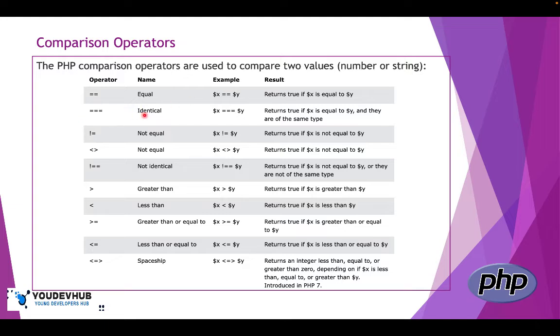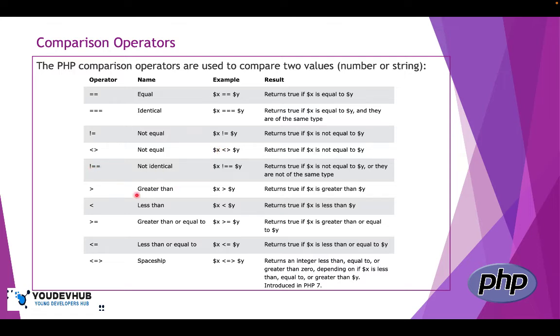Three equal signs means they are identical. It returns true if they are equal and they are the same type at the same time. We have the exclamation and the equal, which means it's not equal. Then not equal can also be used to represent this. It's not greater than, it's not less than, so it's not equal to. We have is not exactly identical.